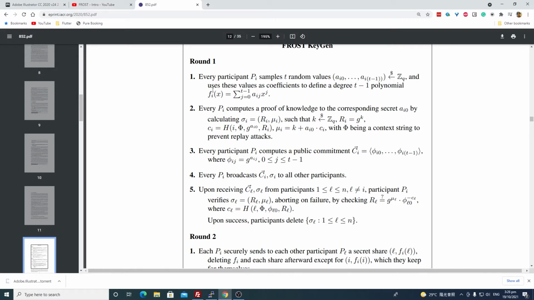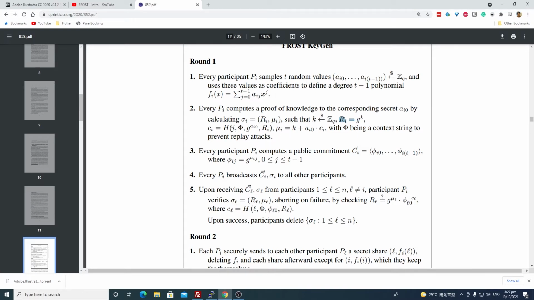Okay, so they don't mention k, but I'm going to say that k is a random value. And G is the generator of your curve. So you take k as an ephemeral secret, and you derive the public key matching k by multiplying by G.